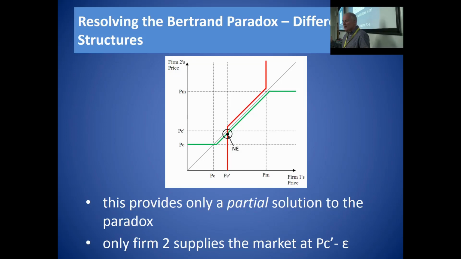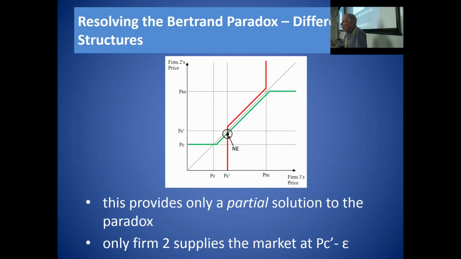But why have I described this as only a partial solution? Well, the problem arises that now you've only got one firm supplying the market. What would you expect that firm to do? You've got one firm in the market, surely you'd expect that firm to charge a price equal to the monopoly price. So, in that sense, we've got a partial solution to the Bertrand paradox, but it's not perfect.